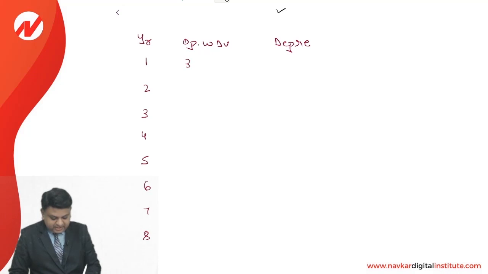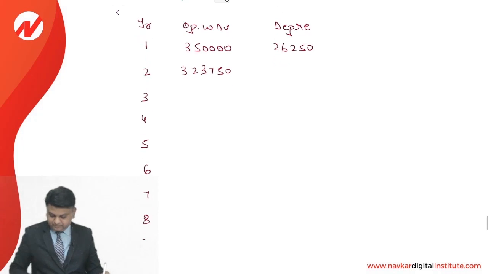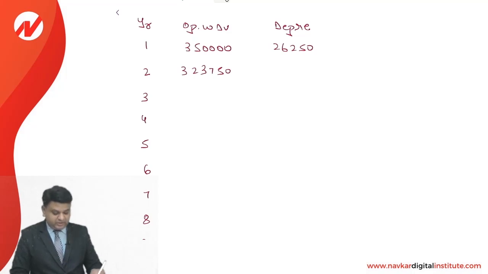Incremental WDV is 3,50,000. Rate of depreciation is 7.5%. That comes to 26,250. Then 3,23,750 into 7.5% is 24,281.